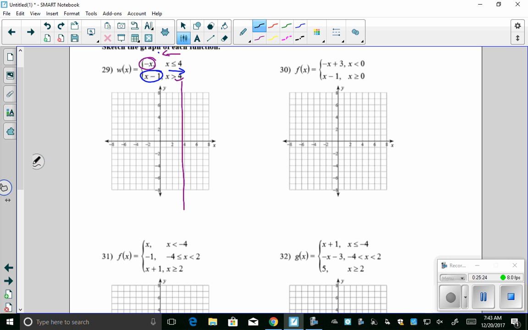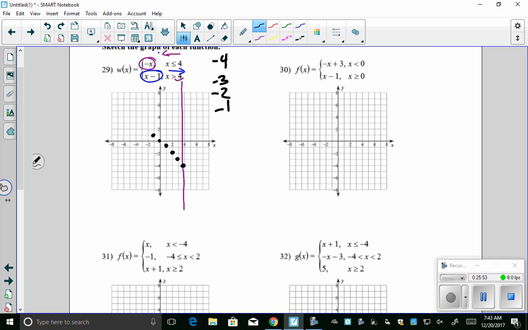Plug in the numbers. Plug in -4. You got -4, so you're going to draw a closed circle at -4. Plug in -3, get -3. Closed circle at -3. Plug in -2, get -2. Plug in -1, get -1.